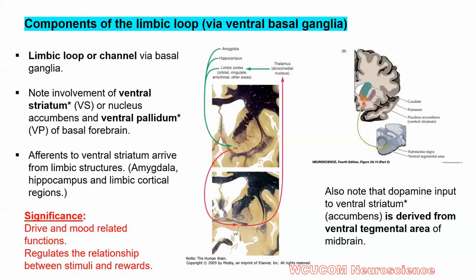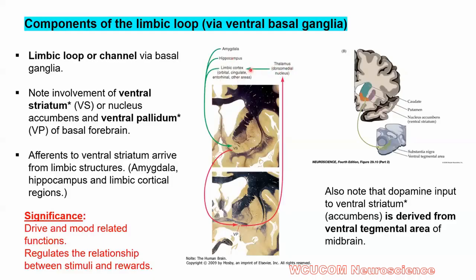And of course, it starts in limbic cortex, hippocampus, and amygdala, and then ventral striatum, or nucleus accumbens, is recruited, and then VP here, ventral pallidum, is recruited, and then the signal goes through dorsomedial nucleus of the thalamus to be fed back to the same or similar areas of cerebral cortex.